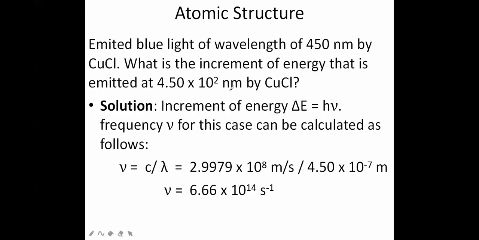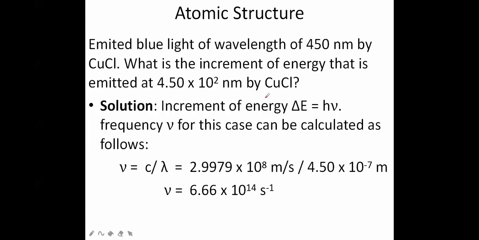Wavelength was given in nanometers, so changing from nanometer to meter, we multiply by 10 to the power negative 9. So our wavelength will now be 4.5 times 10 to the power negative 7 meters. Dividing c by the wavelength gives us a frequency of 6.66 times 10 to the power 14.